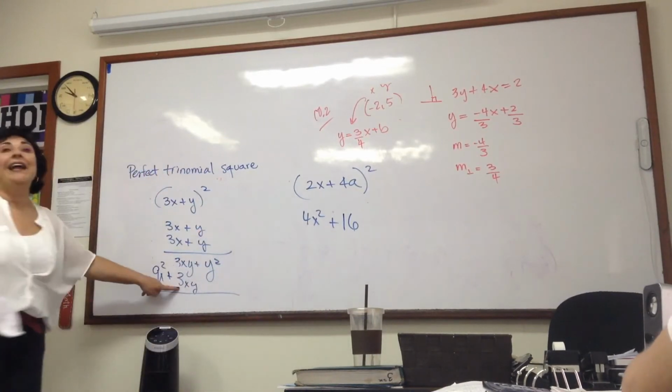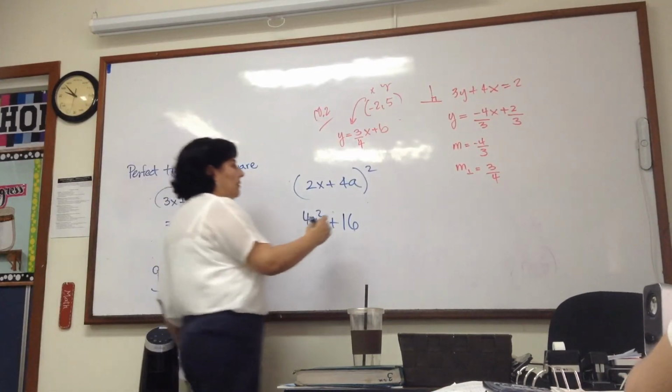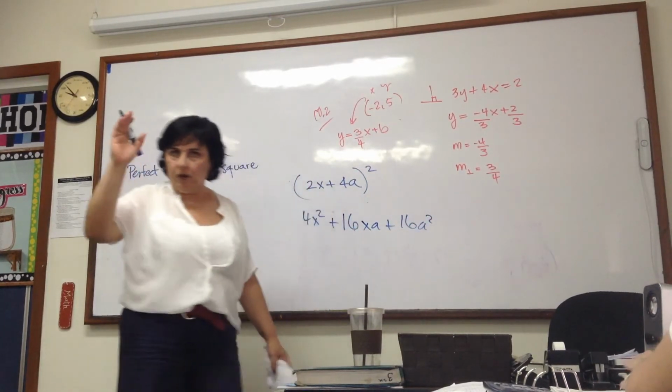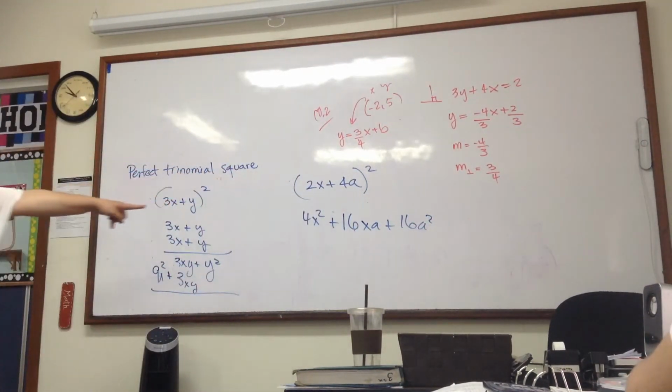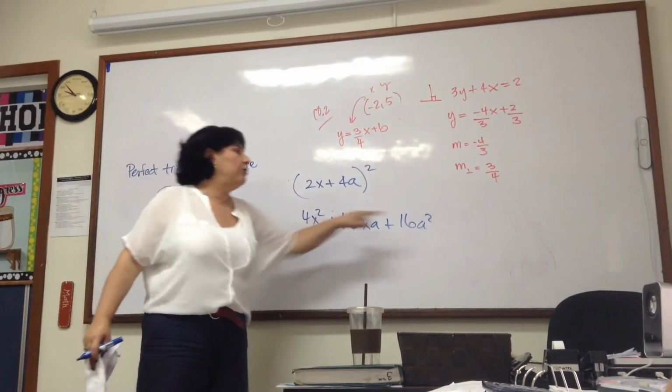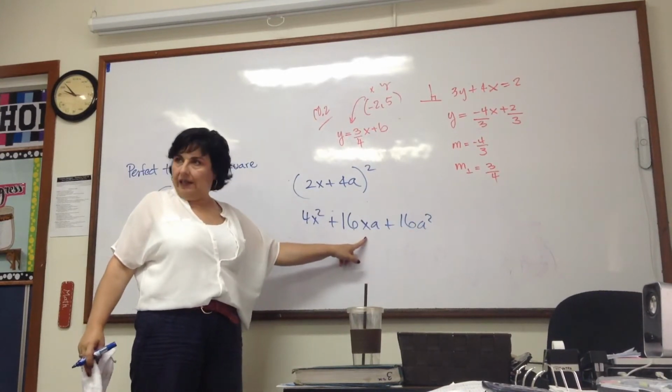Because look, it's twice. Okay? Now, is it clear what a perfect trinomial square is, where it comes from, and why it has to have twice the square roots of these in the middle? Is it clear?